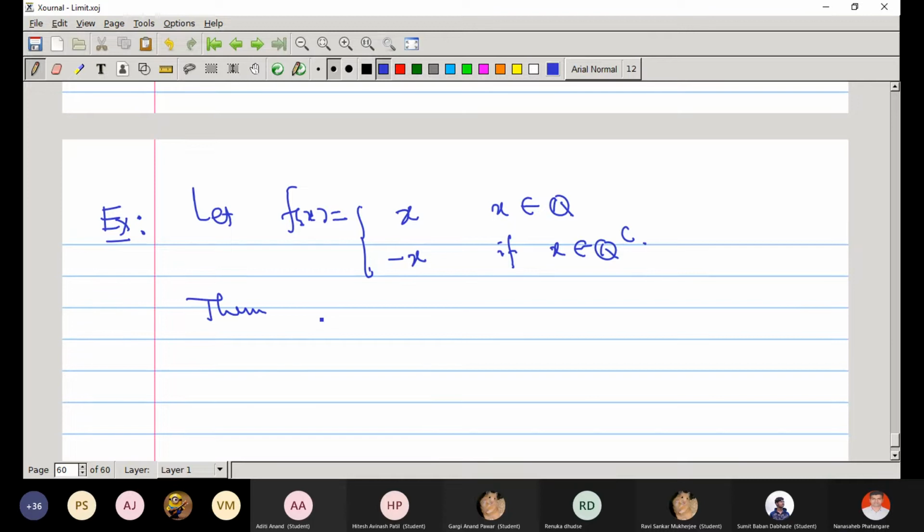Okay. The limit as x tends to 0 of f(x) is equal to what? What do you think? What should be the limit? This limit as x tends to 1 of f(x) will be the limit.